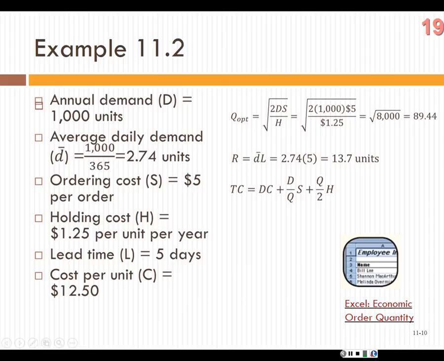Then when I go to determine my total annual cost, right? We're going to use the formula that says how much does it cost me to buy the units, plus my setup cost plus my holding costs.